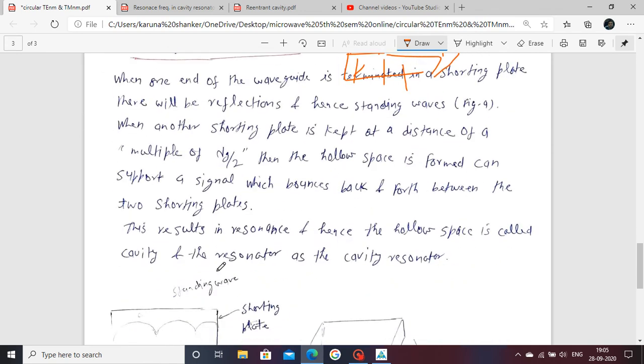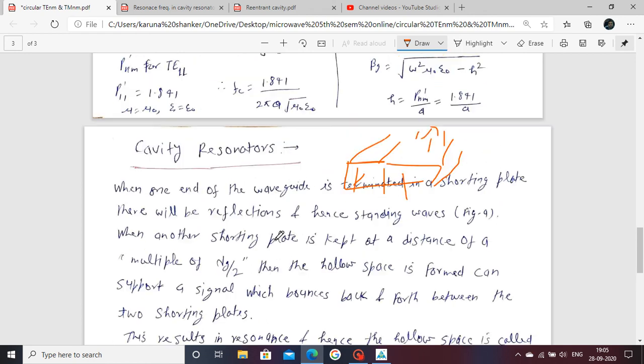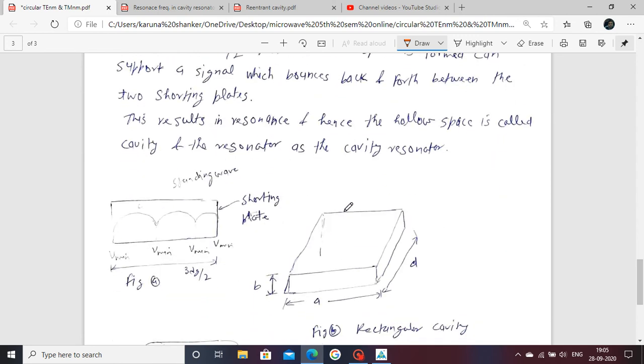See here what happens in a cavity resonator, also explained in theoretical form. When one end of a waveguide is terminated in a shorting plate, this is your rectangular waveguide, with front side and back side, a two-sided open form.